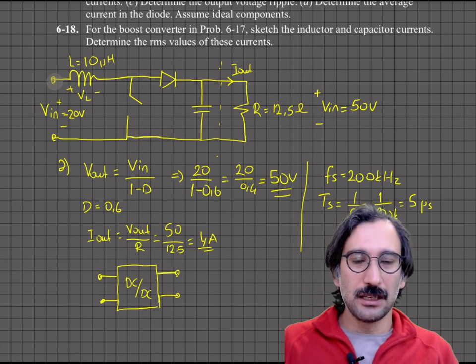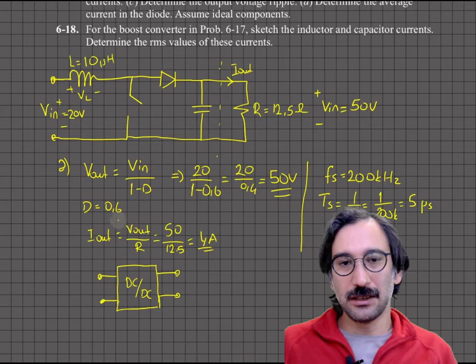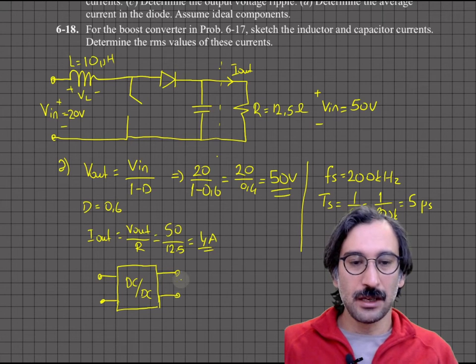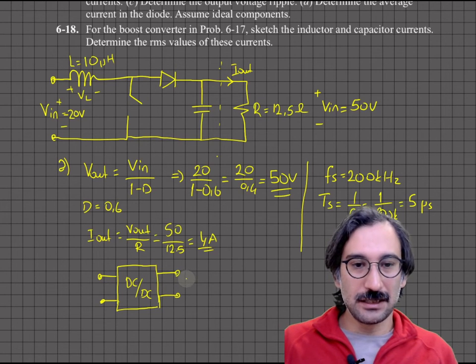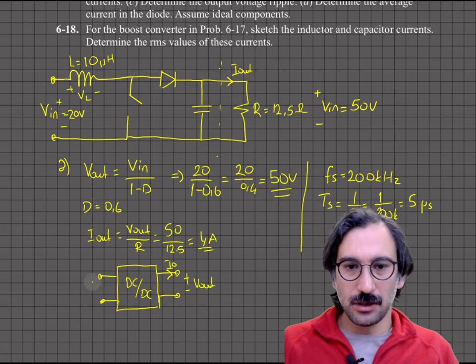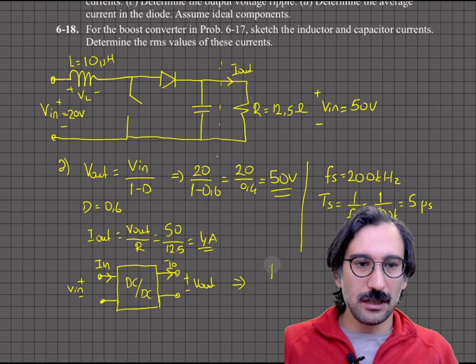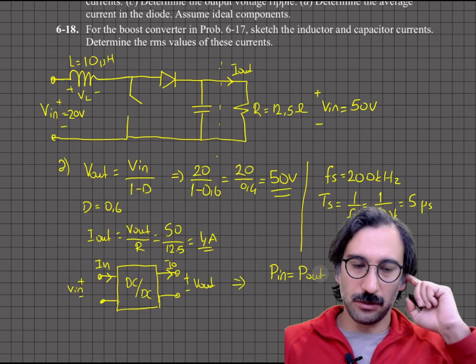Of course, in a real boost converter application there are some resistive components, and diodes and switches have some conducting and switching losses. But anyway, if this is I out and this is V out, and this is I in and there is V in, then for every converter input power should be equal to output power.